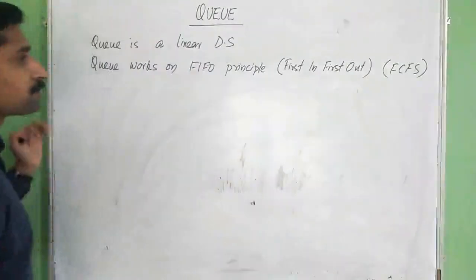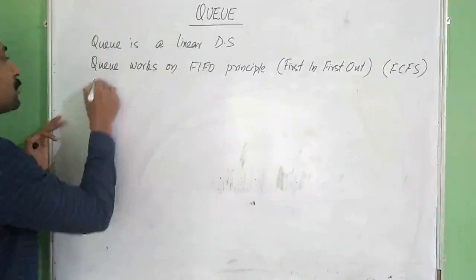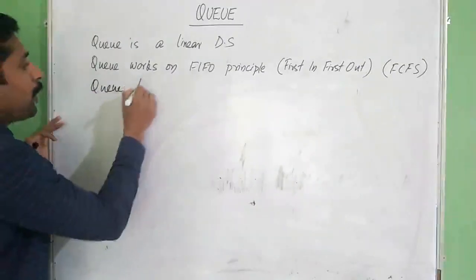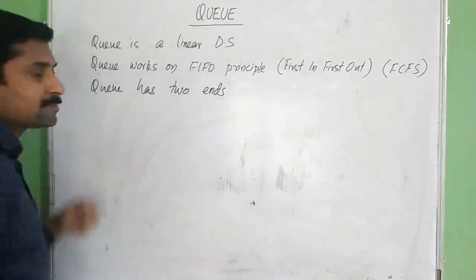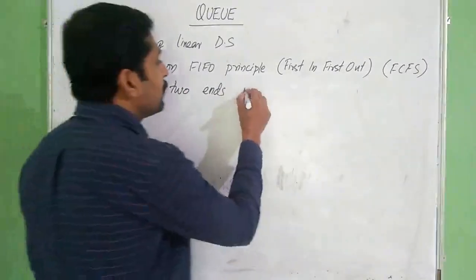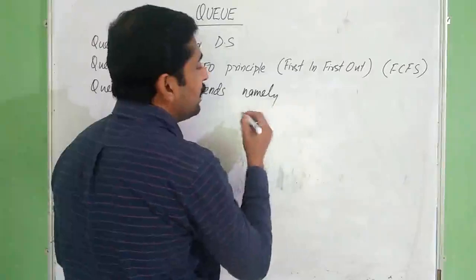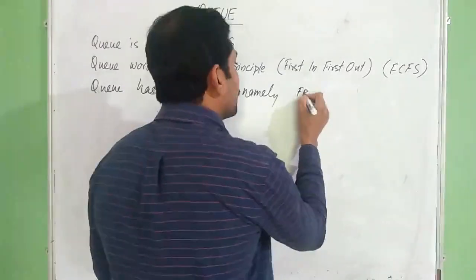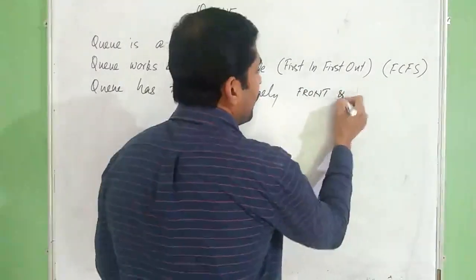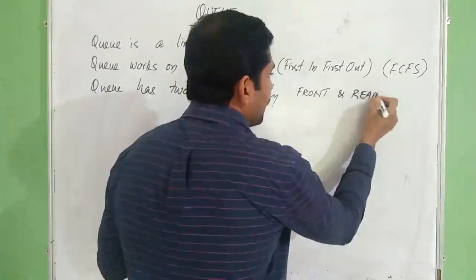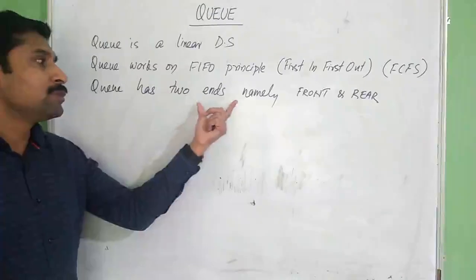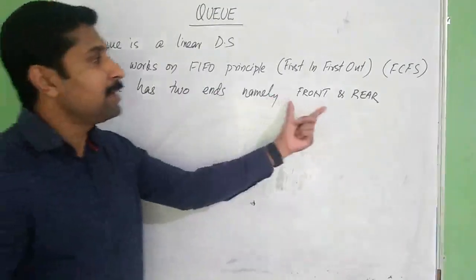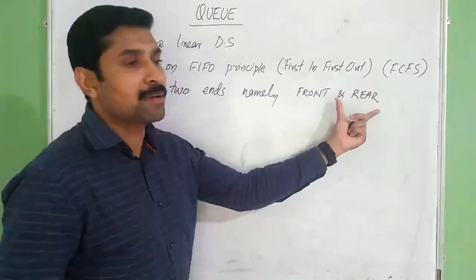So a queue has two ends, namely front and rear.